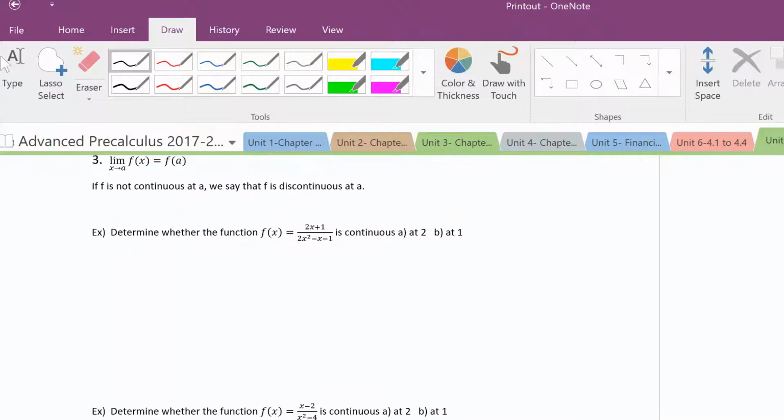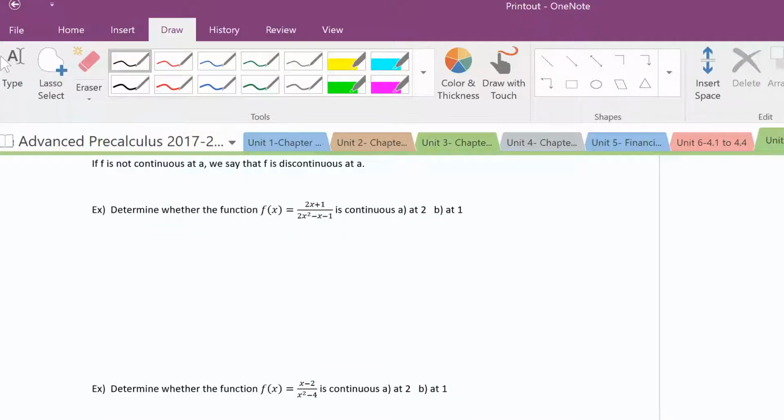So to examine whether the function is continuous at certain numbers, like for example, whether this function is continuous at 2, the first thing that we do is find what f of 2 is. So that's equal to 2 times 2 plus 1, over 2 times 2 squared minus 2 minus 1.